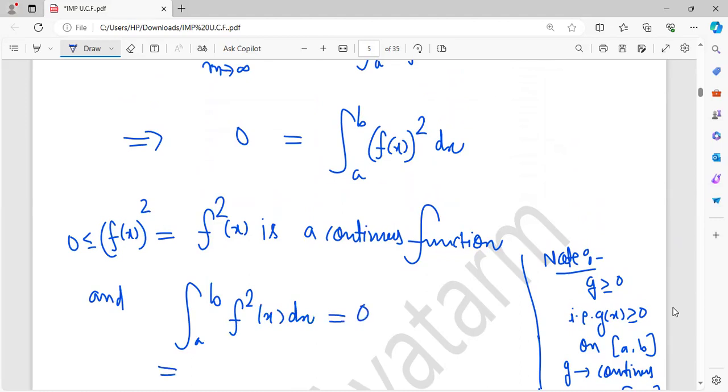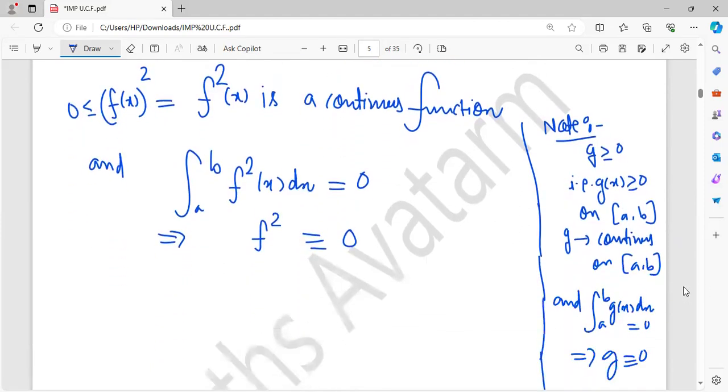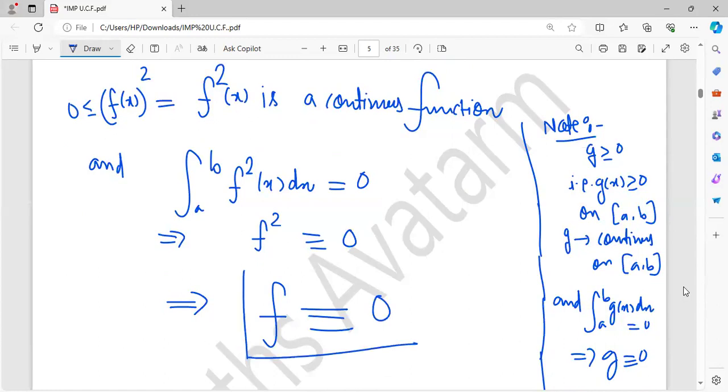So this implies f square is the 0 function. If f square is a 0 function, obviously you can take the square root on both sides. This implies f is identically the 0 function. So we got this answer. So f is a 0 function.